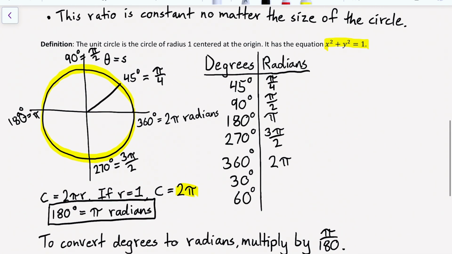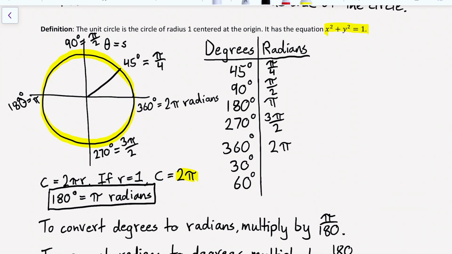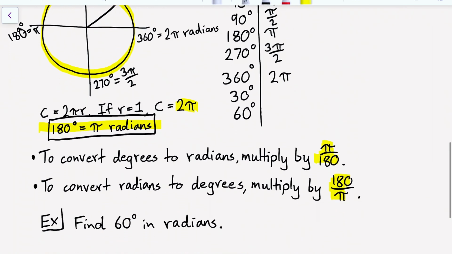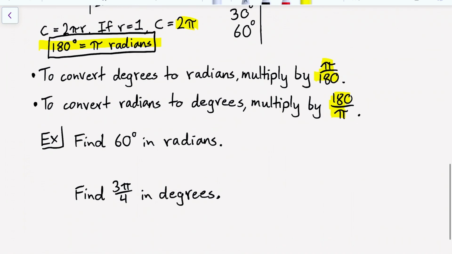If I'm moving back and forth between radian and degree measure, I like to remember this fact that 180 degrees equals pi radians. So to convert degrees to radians, you can multiply by this factor of pi over 180. Those are equivalent to each other. To convert radians to degrees, I can multiply by 180 over pi. So for example, if I want to find 60 degrees in radians, I can take 60 degrees times pi over 180 degrees.